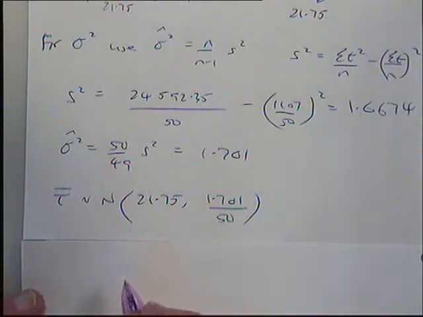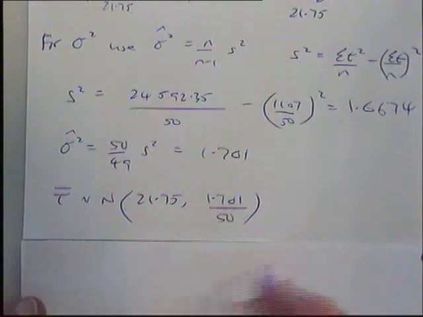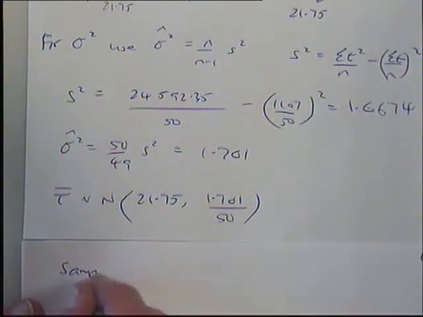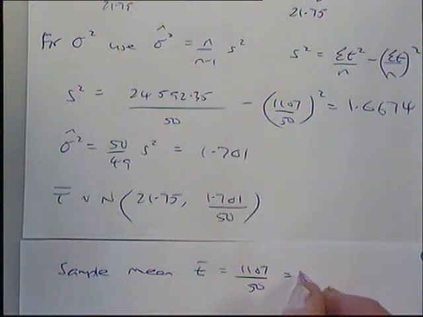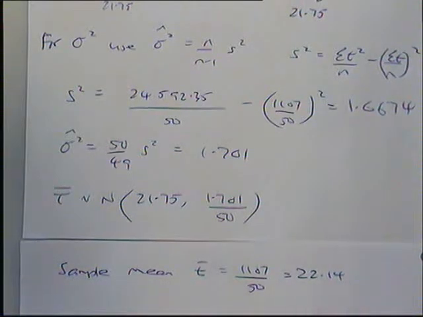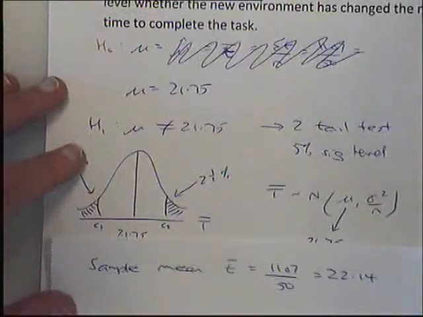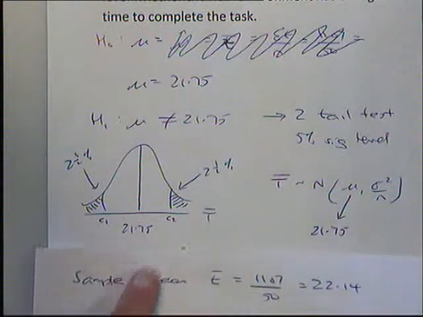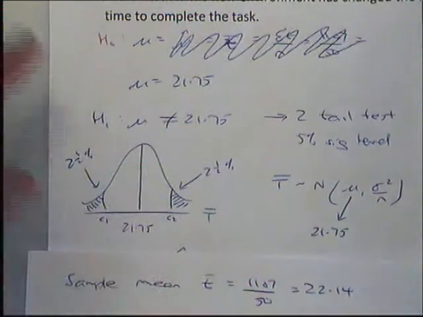We need to find, well, let's have a look. What is our sample mean? Have we actually worked out our sample mean? We haven't yet, properly. So our sample mean, T bar, which was 1107 over 50, is 22.14. I'm just going to slide that up to look at the diagram. So that's to the right of our mean. So we're going to be interested in C2, the critical value on the right.